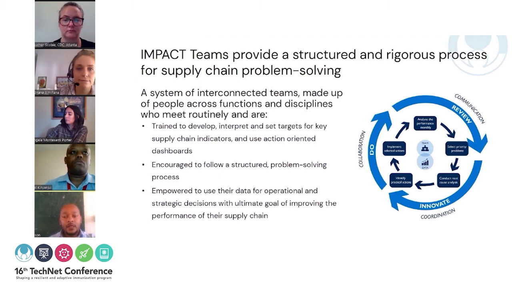So to talk a bit about impact teams. These are a system of interconnected people. They are multidisciplinary. They are usually at national level, subnational level, and even at facility levels. And in Kenya, our colleagues tend to use county and sub-county level, but basically it's just national, subnational level.